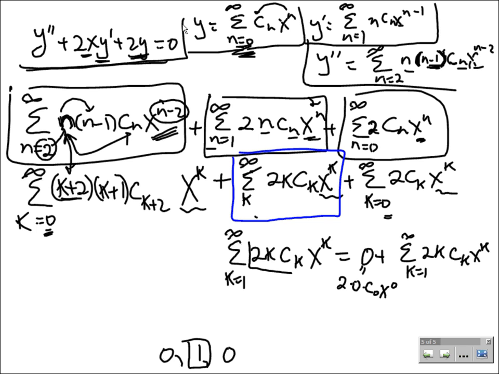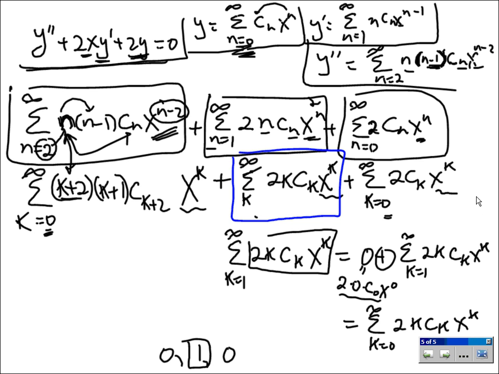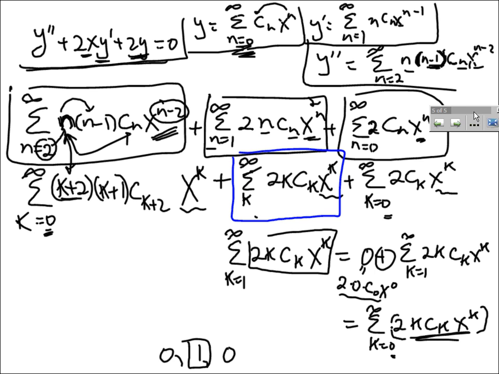That is, I wrote this where k was 0. And this is 0. That is, this whole sum is the summation as k goes from 0 to infinity of 2k c sub k x to the k. And again, the reason is that when I plug in 0, that's 0 anyways. That is, instead of starting at 1, I can start at 0.